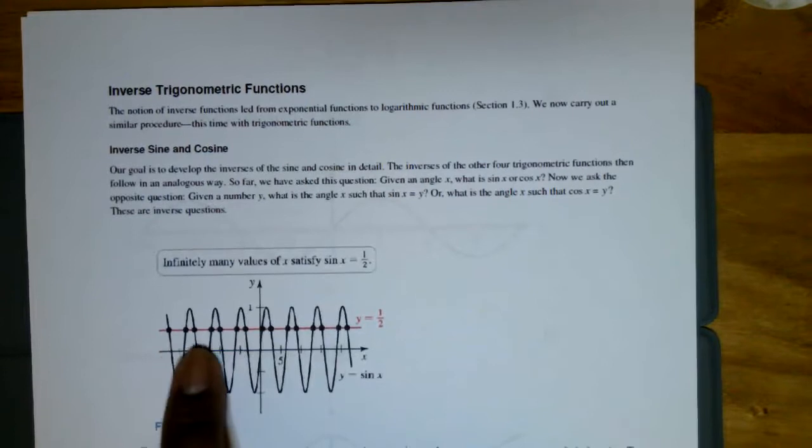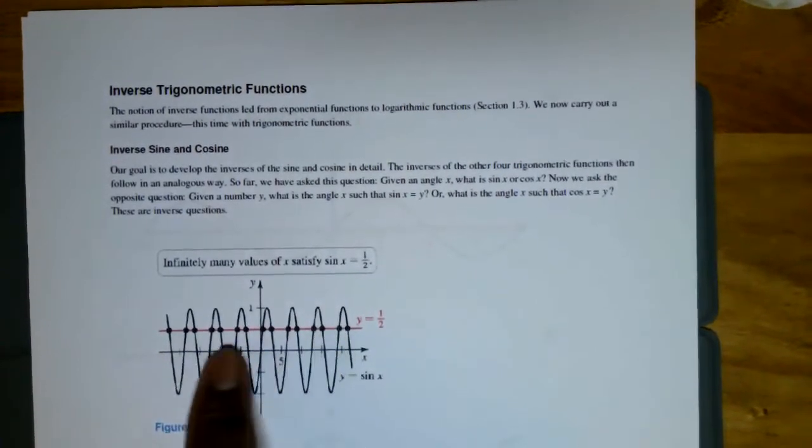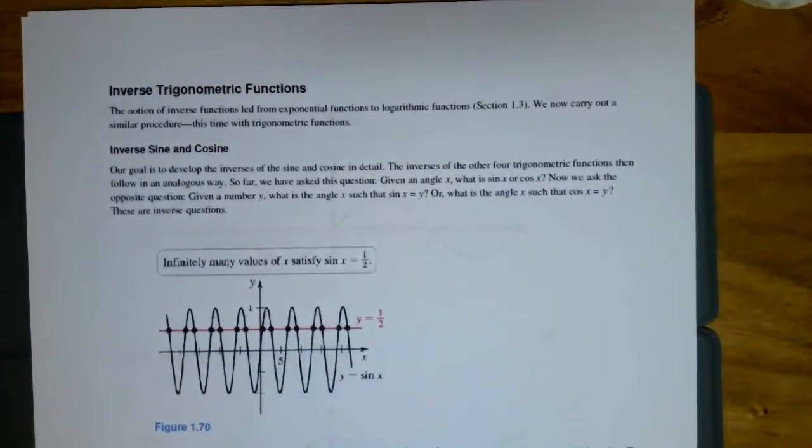Since this sine function goes on forever, there are infinitely many values of x that will satisfy sine of x equal to 1/2.